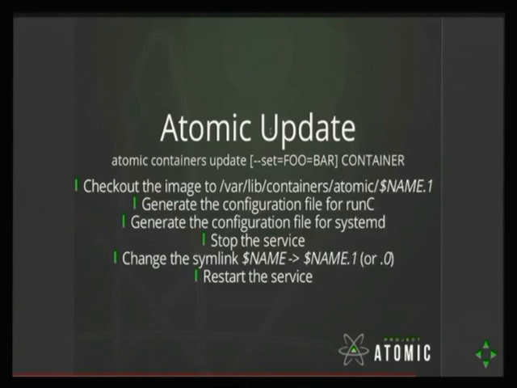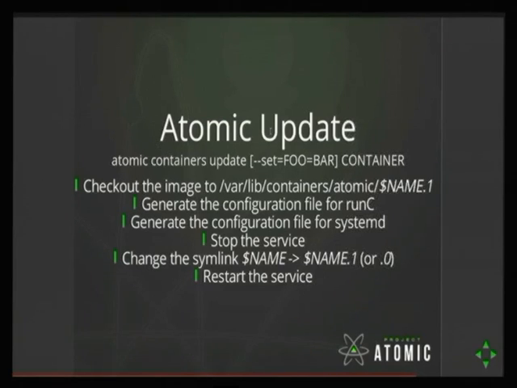Using this trick of the symlink, we create another checkout with a newer version of the container. We generate all the configuration files. So at the same time, you have the old version that is running. And while this is running, you create the checkout for the new version and the configuration files. And then at this point, you can restart into the new version.